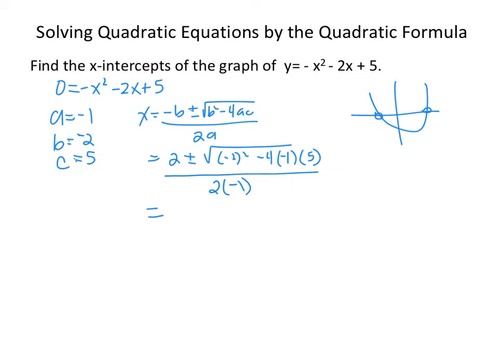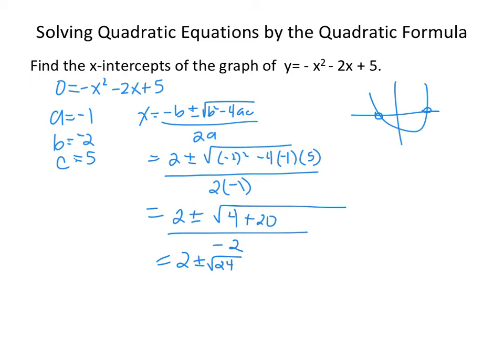Evaluating, we have 2 plus or minus the square root of negative 2 times negative 2, which becomes 4. Negative 4 times negative 1 is positive 4, times 5 is positive 20. Everything over negative 2. So I'm left with 2 plus or minus the square root of 24 over negative 2.